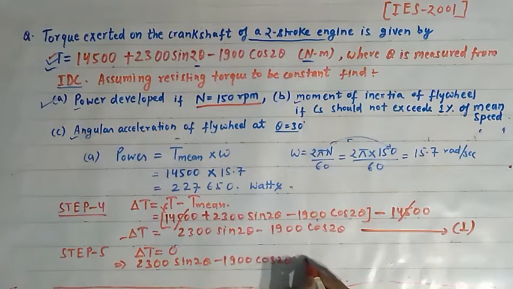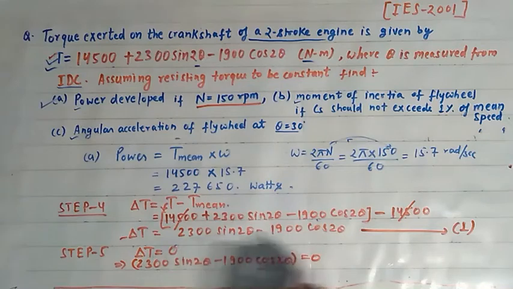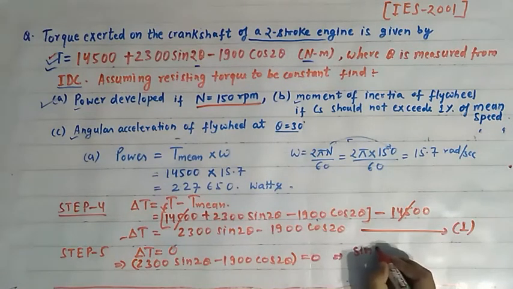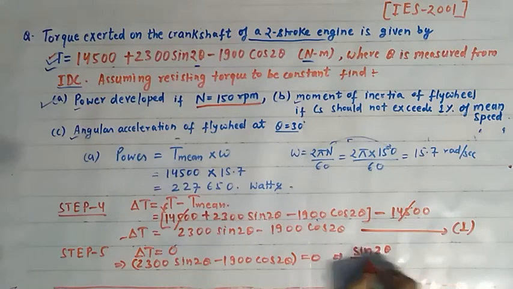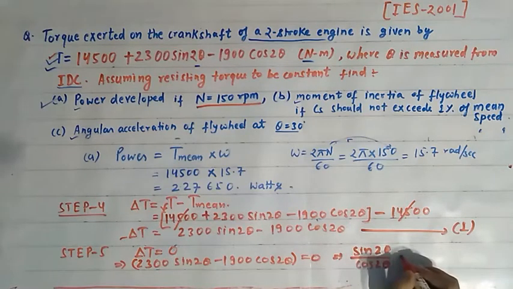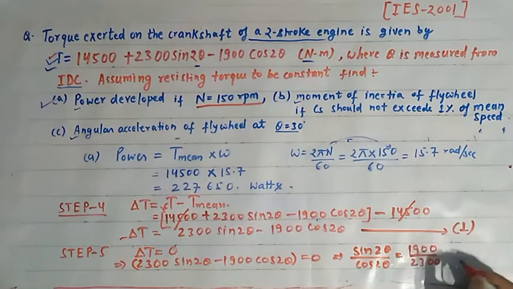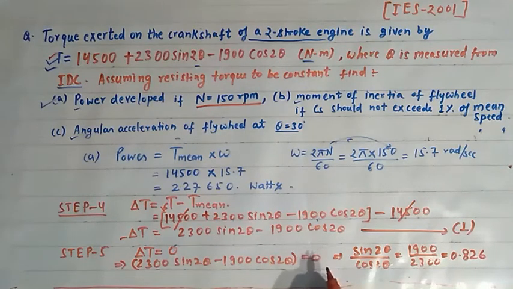Okay, when I put this whole expression equal to 0, this implies sine 2 theta divided by cos 2 theta is equal to 1900 divided by 2300, which is 0.826. How have I calculated this?